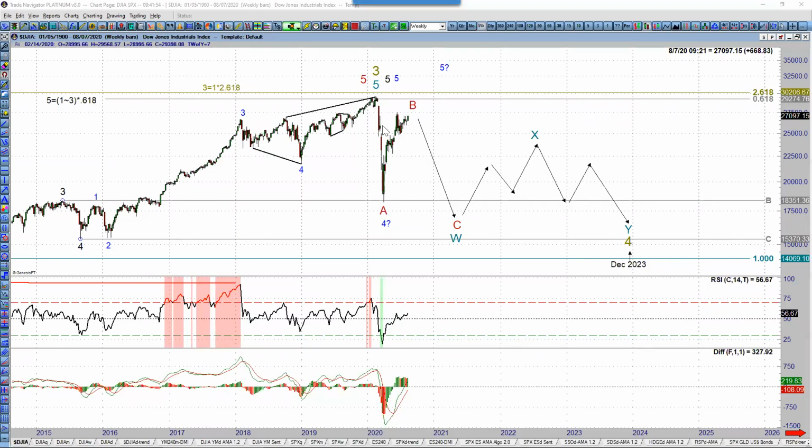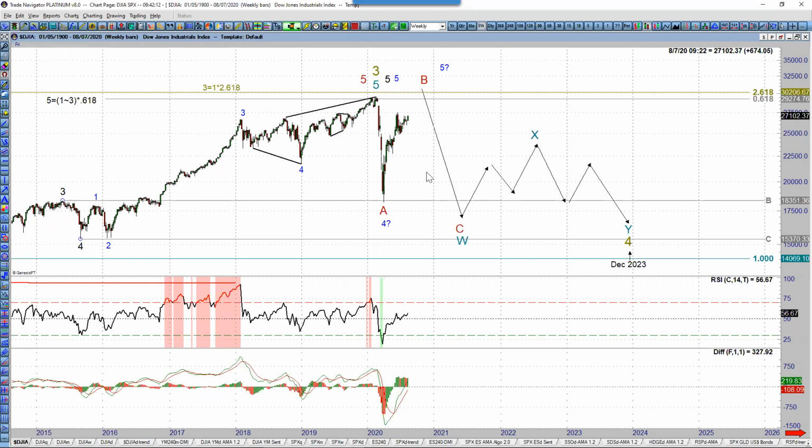First of all, if this was a 3-wave structure to the upside, it would be possible in a flat for it to make a new all-time high here, like that. We get a new all-time high.